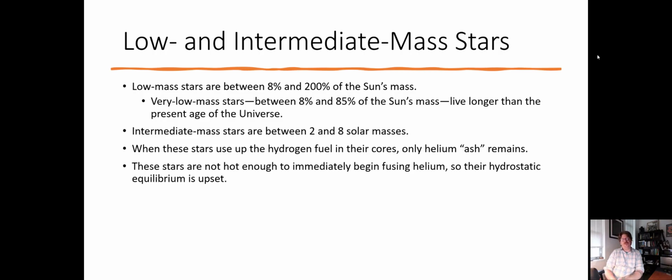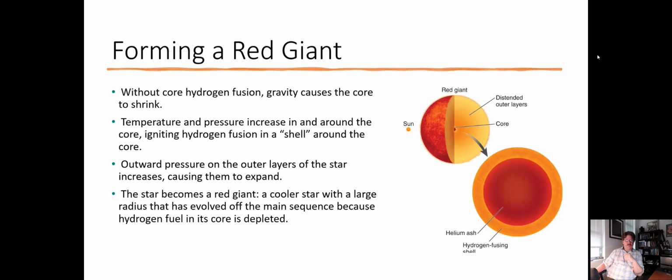Radiation pressure is the pressure which results from the energy produced through nuclear fusion. And so as we go through different stages, these stages are dictated by whether we're in hydrostatic equilibrium or we're not. In the main sequence, we are. However, when we get to the red giant phase, we're not.